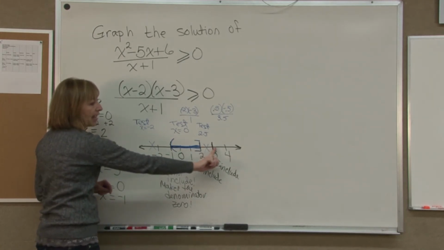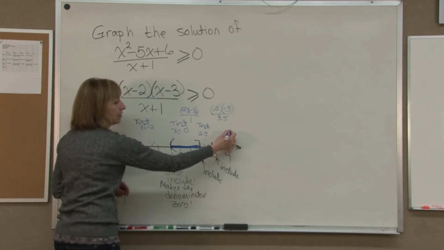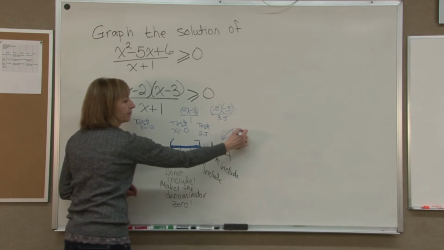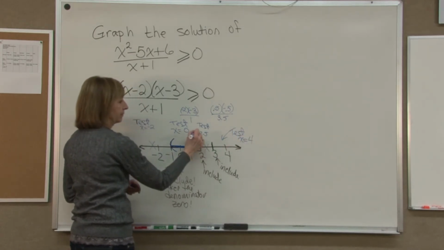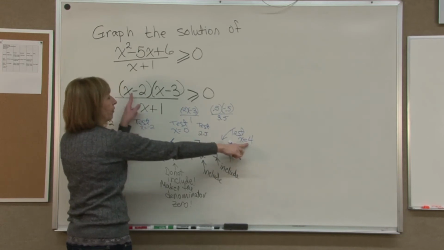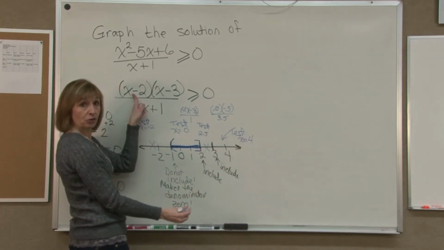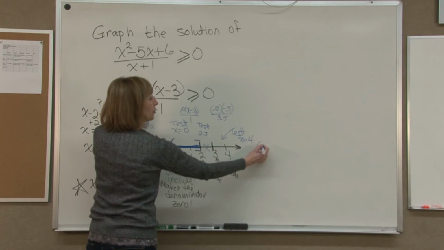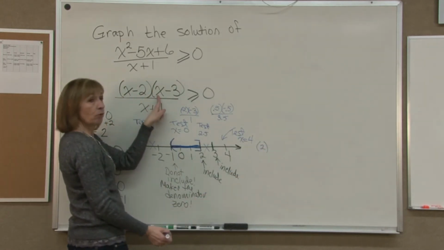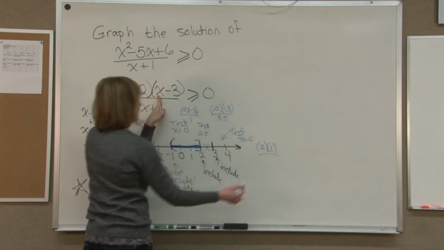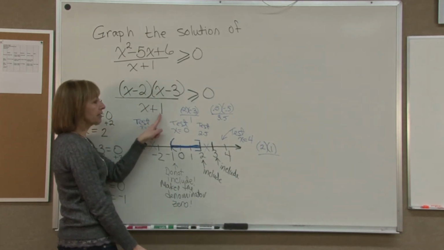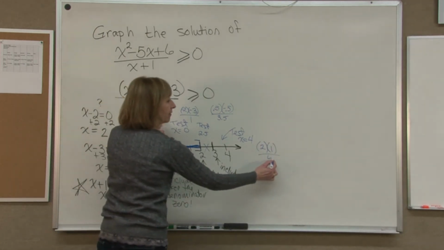And now we're going to test a number greater than 3. So let's test x equal 4. So putting in 4 for our x's, I have 4 subtract 2 is 2. 4 subtract 3 is 1. And 4 plus 1 is 5.